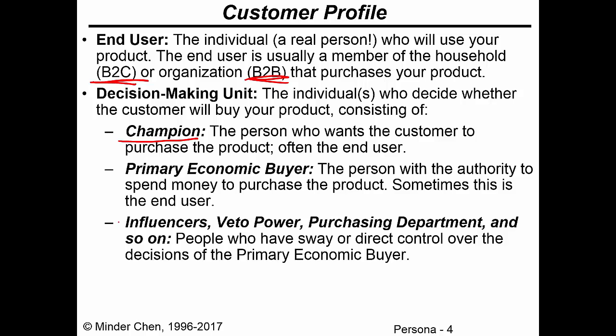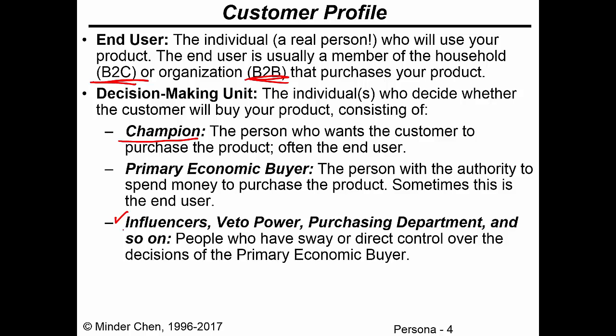There are other decision-making unit members who are potentially the influencers, the person who may have the veto power, which may be the purchasing department, and so on and so forth. For instance, like at my university, all the IT equipment purchase has to go through the IT department.